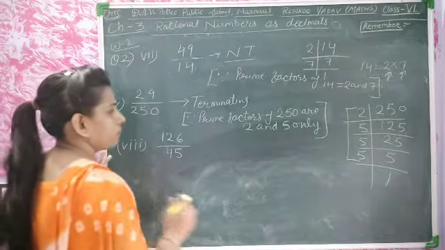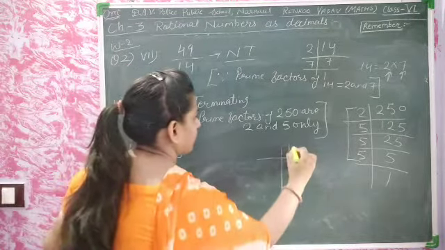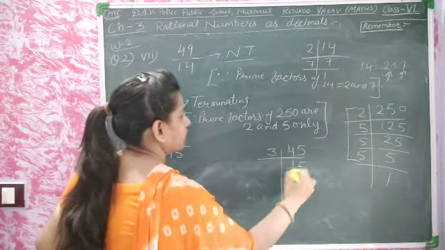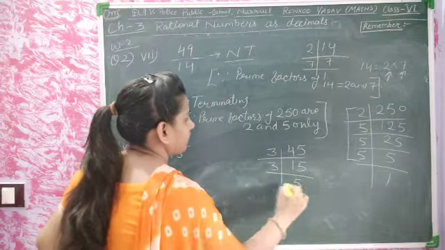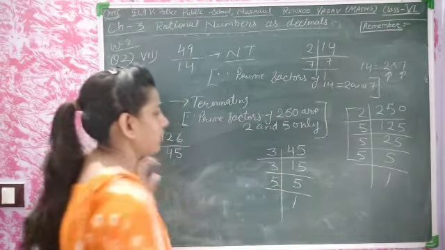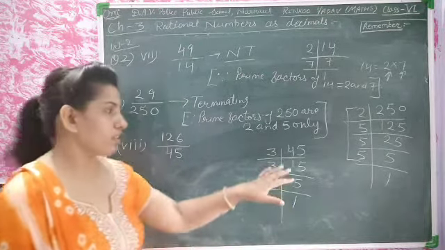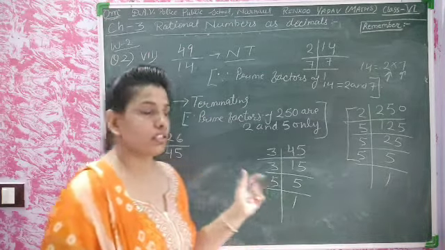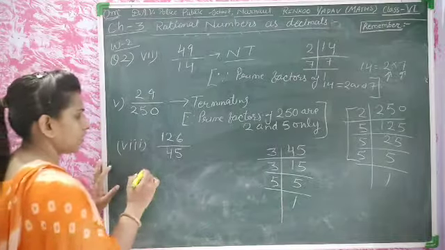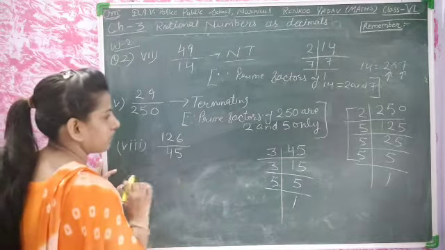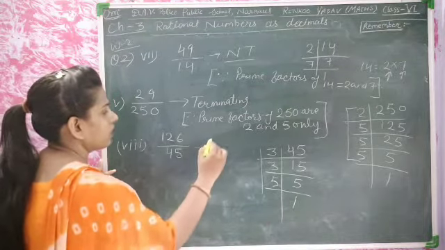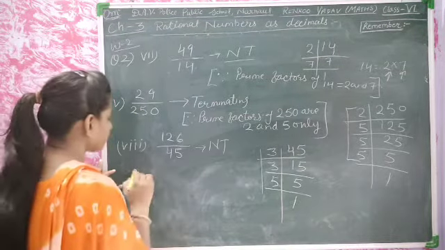Example. Find the prime factors of 45. 3 ones are 3, 3 fives are 15, and 5 ones are 5. You should know the prime factor method. It's compulsory to be able to solve these questions. There is 45, and the factors are 3, 3, 5. It means this is non-terminating.